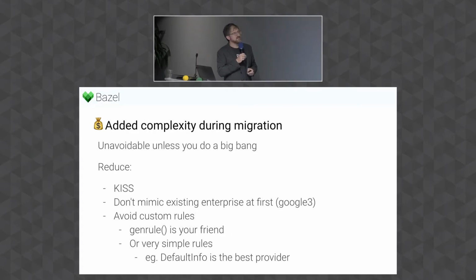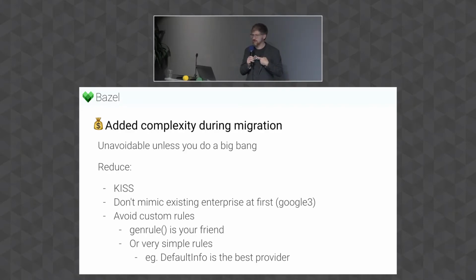And the last cost is that during the migration, you're going to have some added complexity. This one is real. The only way to avoid this is to not have an intermediate state at all, which we'll talk about in a second. So assuming that you're going to have this intermediate state, the best way to reduce this, I think, is to keep it simple, stupid. Make your Bazel build really simple.